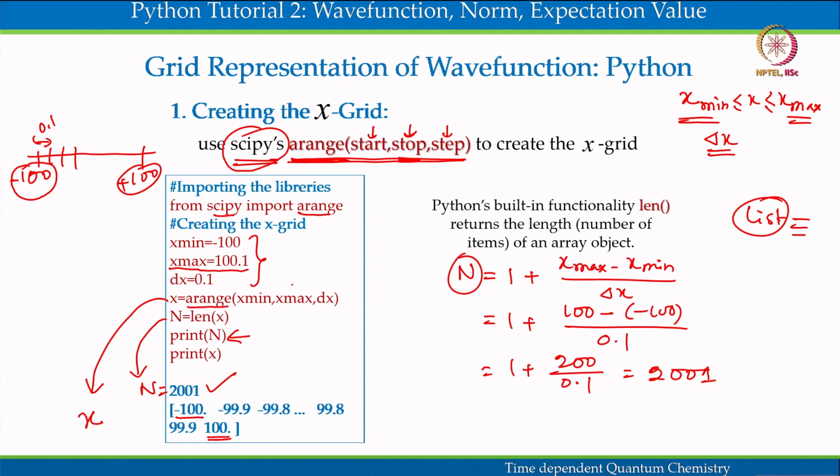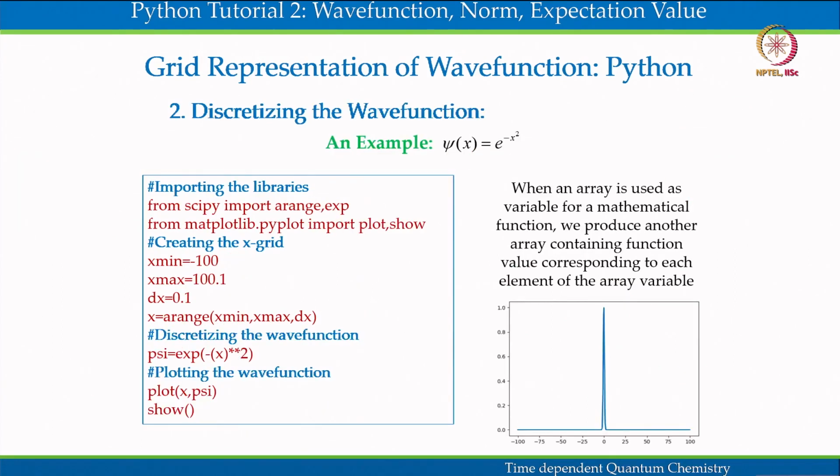In the arange functionality, the stop value will not be included in the sequence. That's the way it works. So once we have an x grid, on this x grid we will now represent or discretize the wave function.